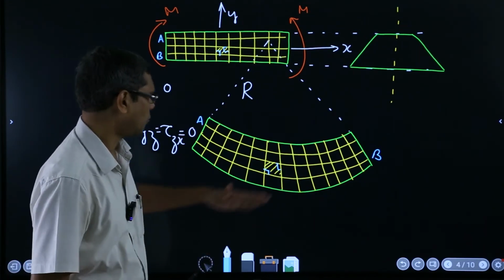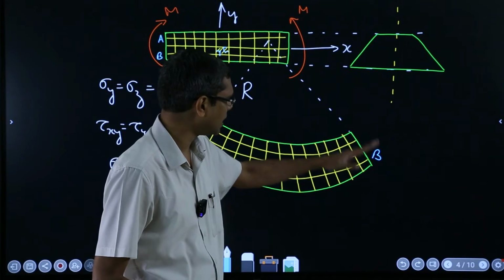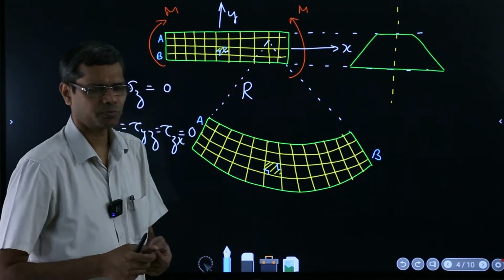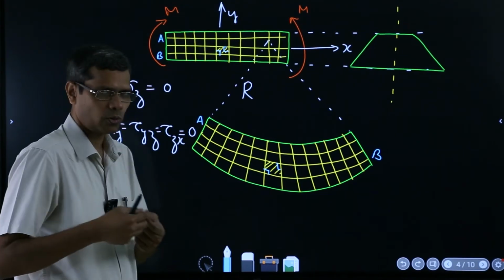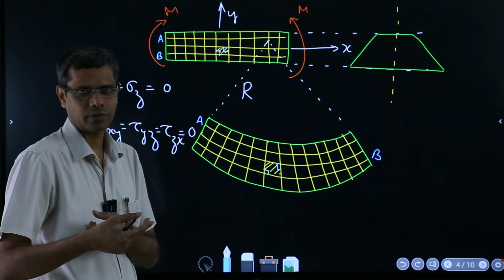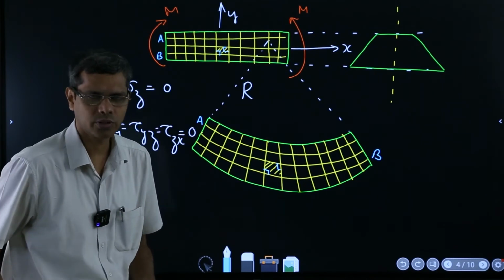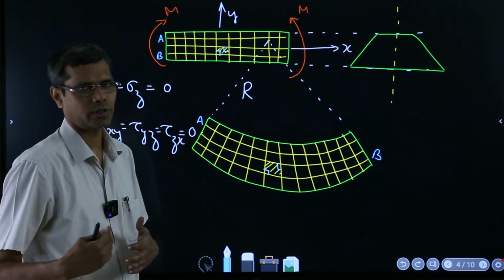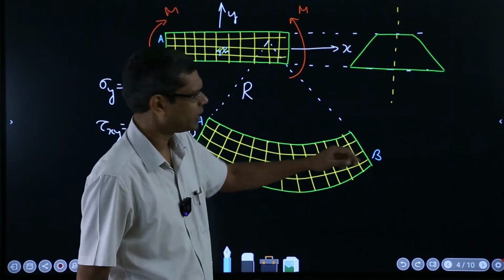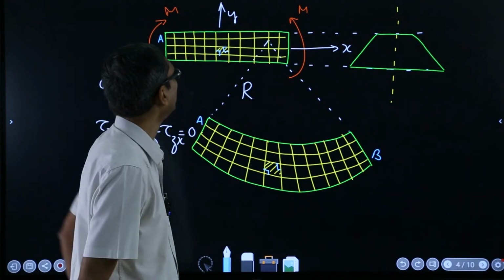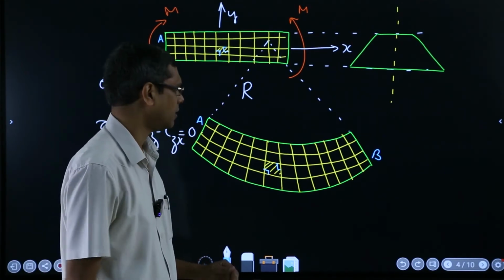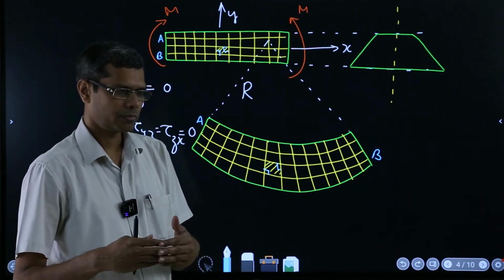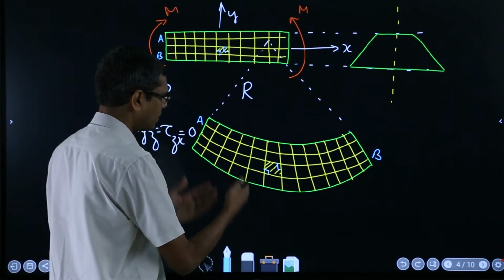Now where does this transition happen from tensile to compressive? Because somewhere it has to happen. Tensile is always considered positive and compressive negative. So if it goes from positive to negative, somewhere in between it must pass through the value of 0, and we don't know yet. In fact, that also will be an object of our calculation.